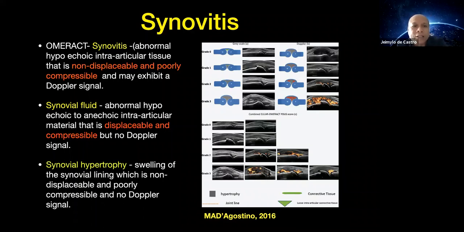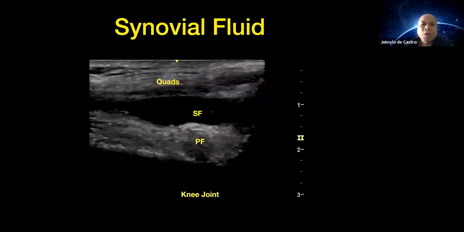So a synovitis is an inflamed synovial layer, okay? It could also be hypoechoic thickening, but there will be no Doppler signal if it is just a synovial hypertrophy. But if it is synovitis, there will always be a Doppler signal.